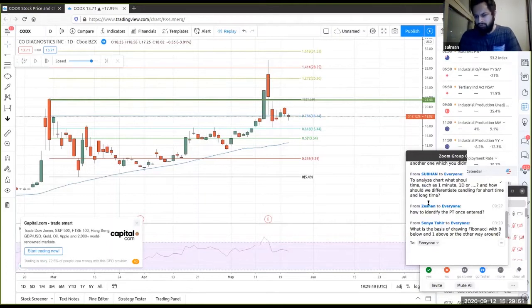What is the basis of drawing Fibonacci with zero at the bottom and one above, or the other way around? This is the way I was trying to find the top, or the PT, so that's why I plot this inverse Fibonacci. It is one way for me to find the extension zones for the trade.